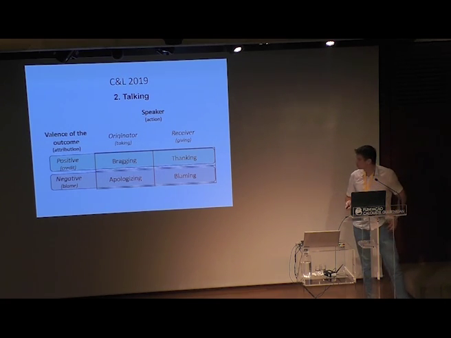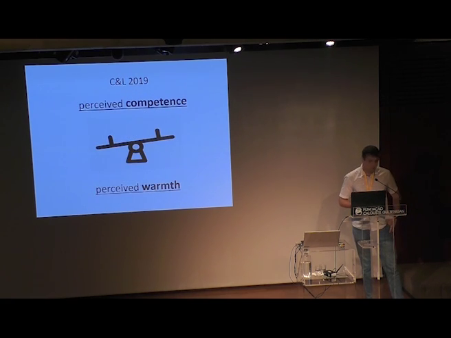Chaudhry and Loewenstein described this model: 4 communications: thanking, apologizing, bragging, blaming. And they say they are used as vehicles or tools for allocating responsibility for a positive or negative outcome.